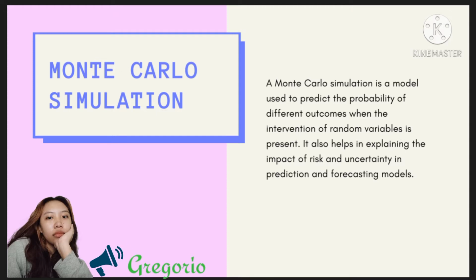The basis of a Monte Carlo simulation is that the probability of varying outcomes cannot be determined because of random variable interference. Therefore, a Monte Carlo simulation focuses on constantly repeating random samples to achieve a certain result.